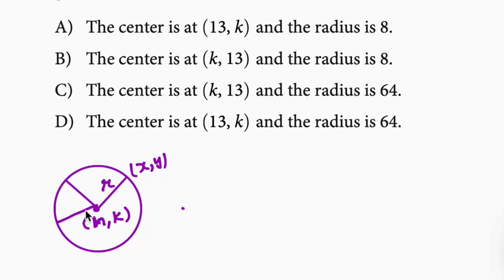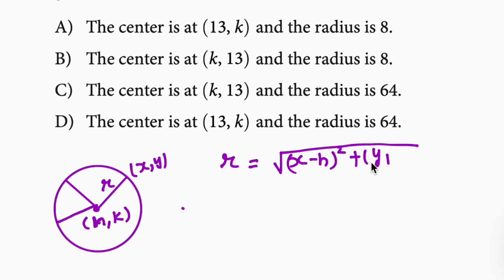Whatever point you take on the circumference of the circle, the distance is going to be the same, right? So that means we will apply the distance formula, because this is r. So r is equal to the square root of (x minus h) whole squared plus (y minus k) whole squared.